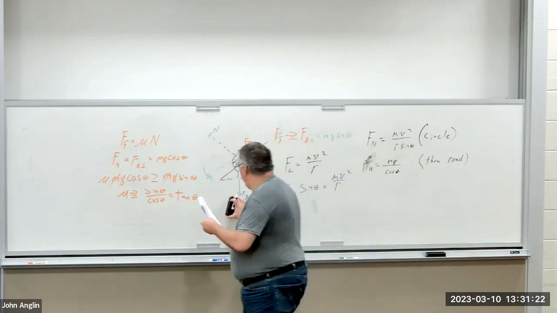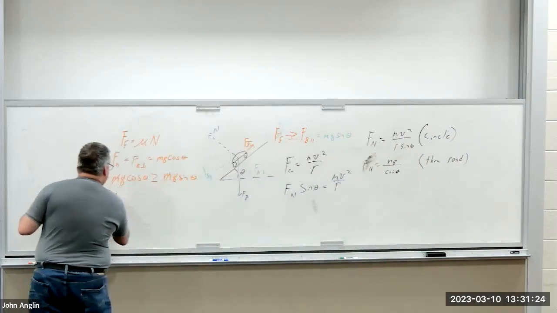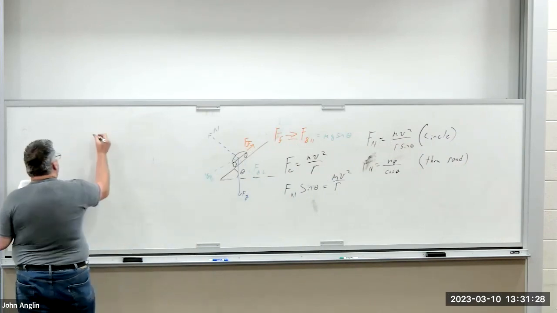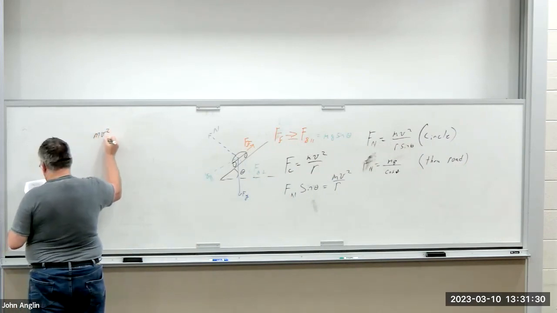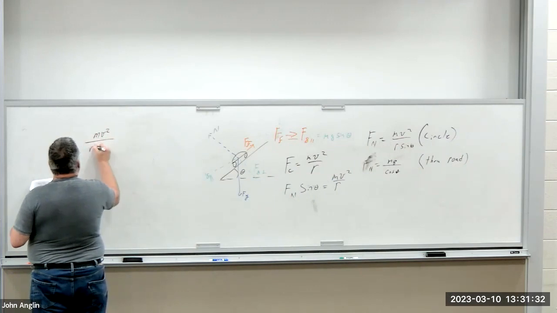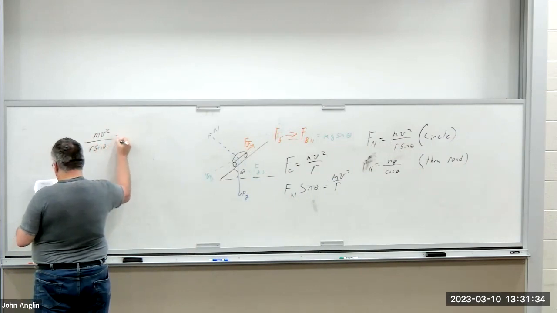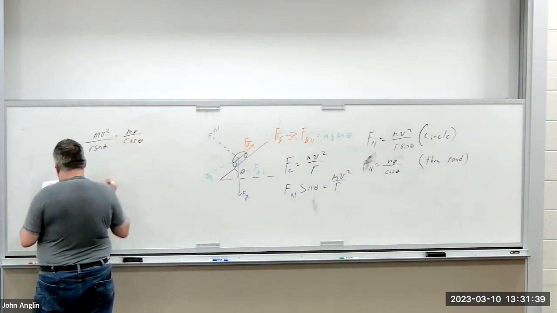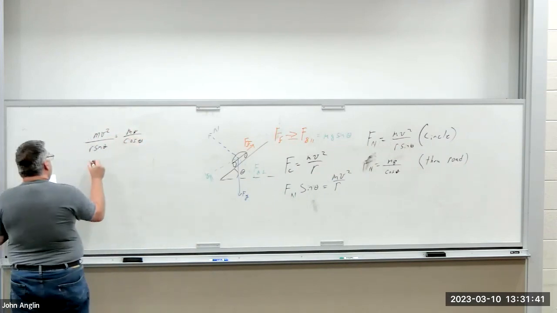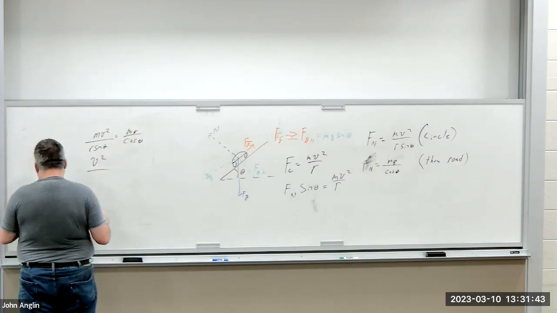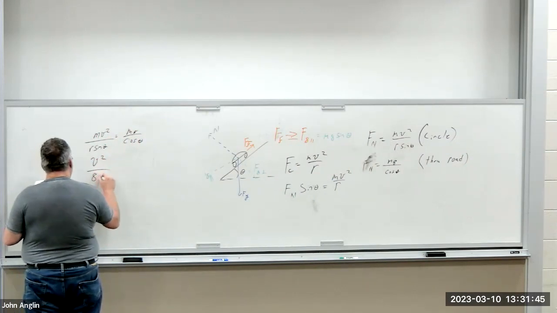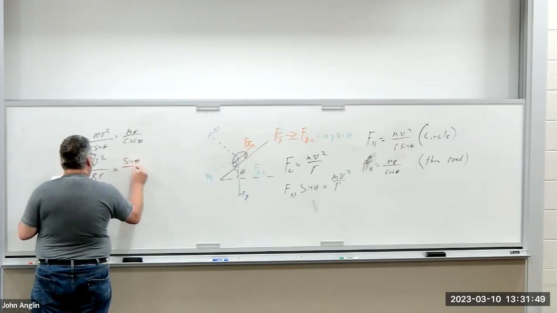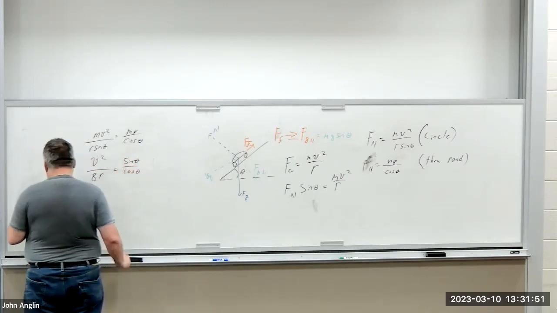So we're going to end up with an equation that looks like mv squared over r sine theta equals mg over cos theta. Little simplification here, and we get something that looks like v squared over gr equals sine over cos theta.